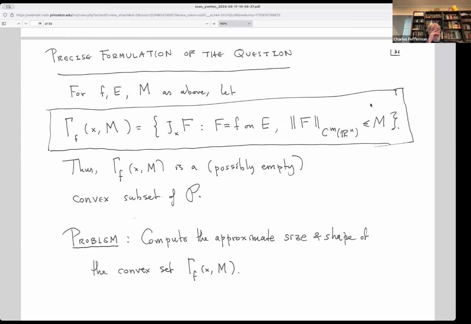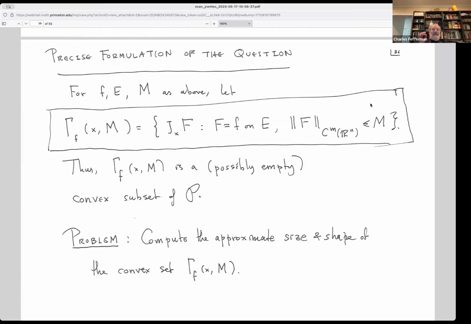And if it's not empty, then notice immediately a first property of the gamma: it is convex. Obviously, if I take two functions, capital F sub 1 and capital F sub 2, and they both agree with little f on E, and they both have C^m norm at most capital M, then I can take two-thirds of one plus one-third of the other, and that will again be an interpolant, and it will again give an element of the gamma.